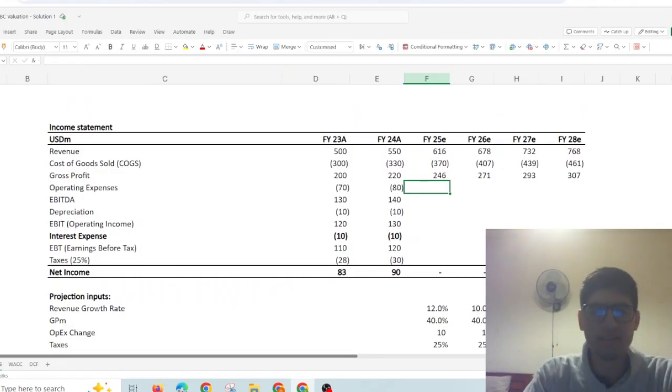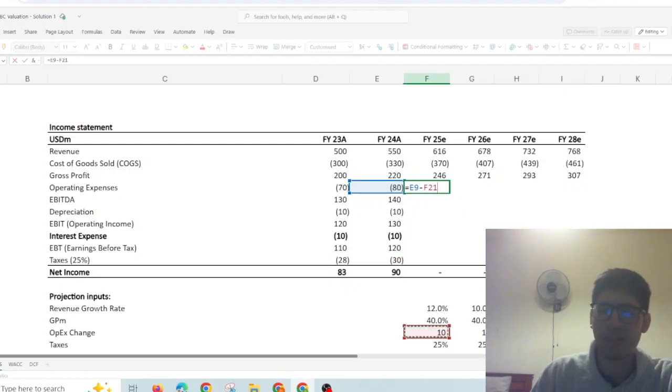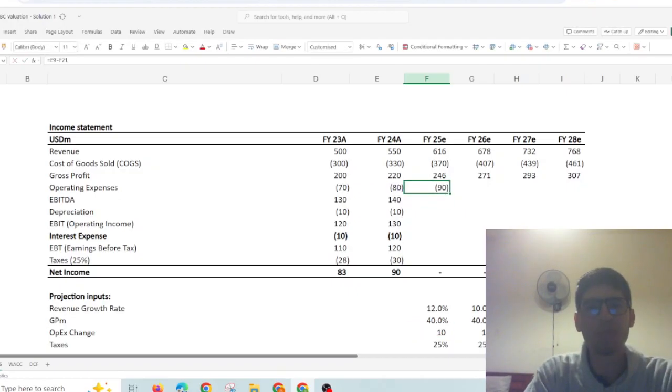The operating expenses, so the operating expense change, as you can see, increased by 10. So yeah, it's 80 minus 10. Why minus 10? Because simply if I add plus 10, it would be minus 70. However, the expenses are operating, they are increasing, guys.